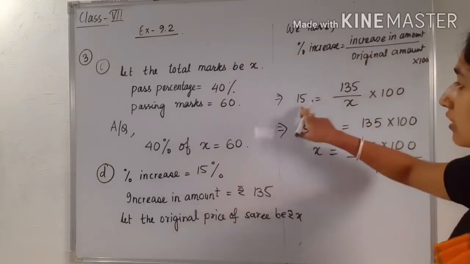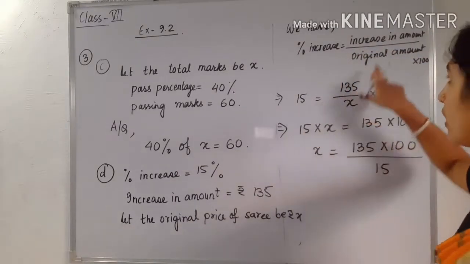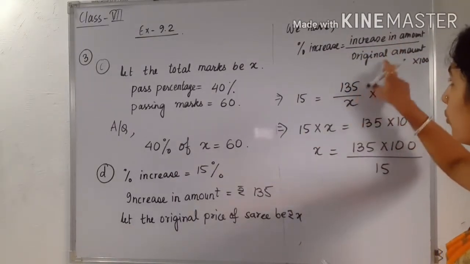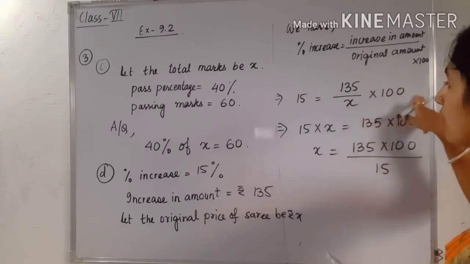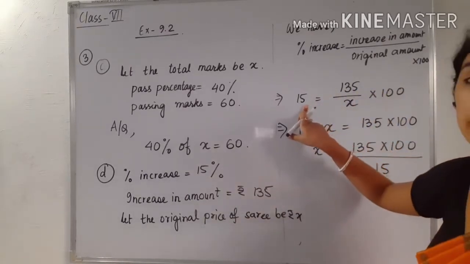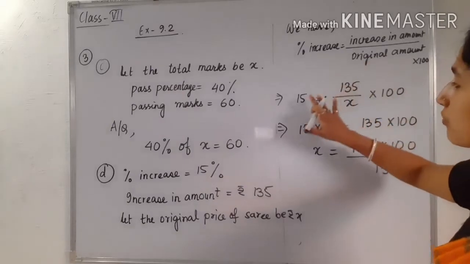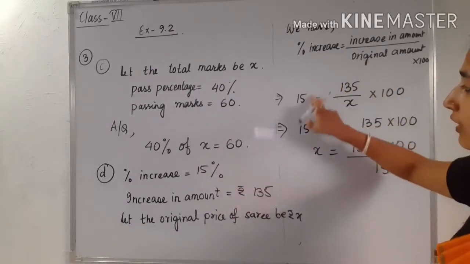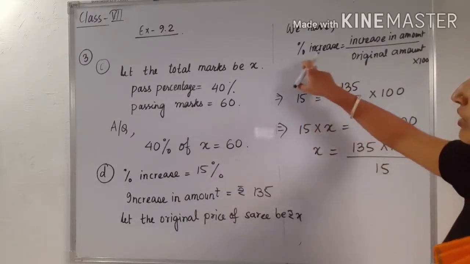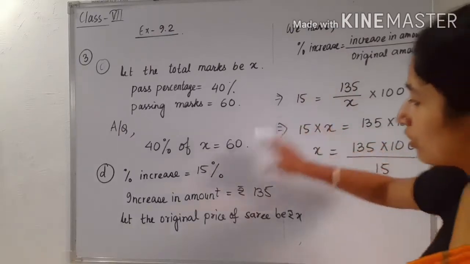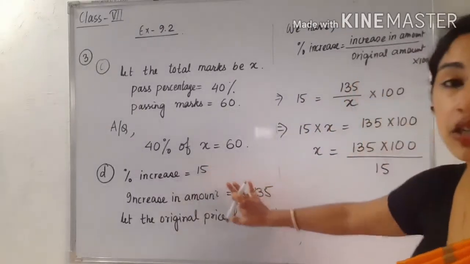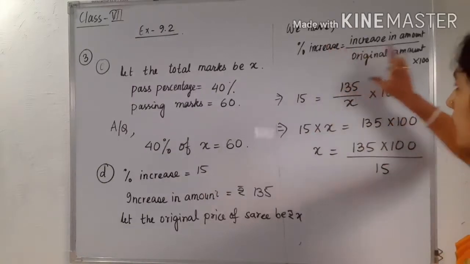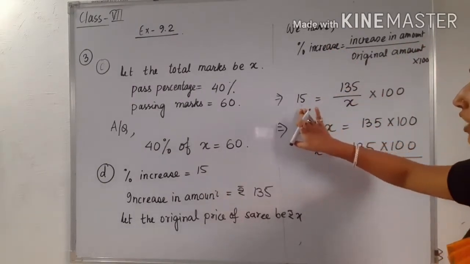See, for percentage increase we have to write 15, increase in amount will be 135, original amount was x, into 100. Don't write percentage here, okay? It is already in terms of percentage, so no need to write percentage, you just write 15.